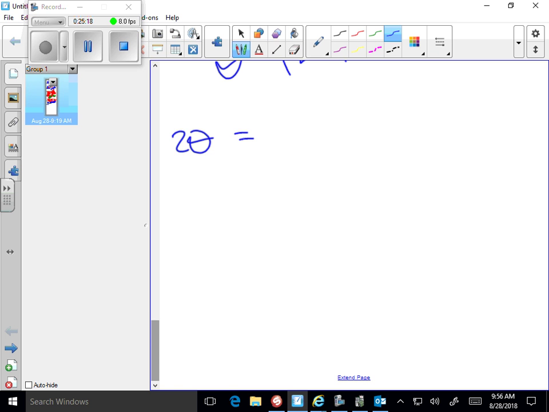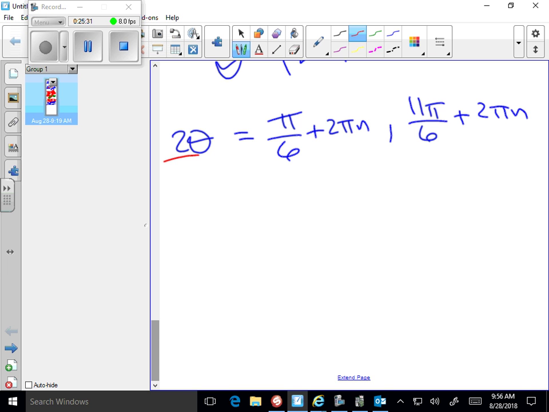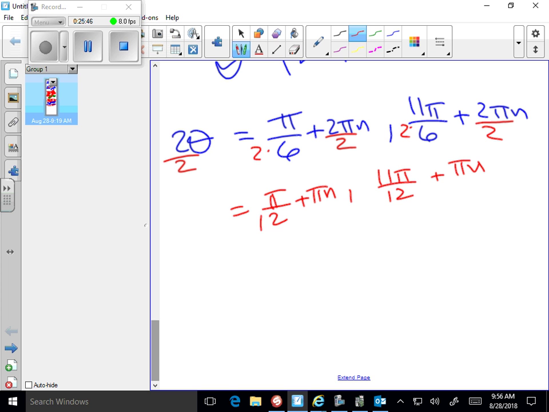I just know that 2 theta is equal to pi over 6 plus 2 pi n and 11 pi over 6 plus 2 pi n. But I don't want to know what 2 theta is equal to. I want to know what theta is equal to. And so I get pi over 12 plus pi n, 11 pi over 12 plus pi n. Any questions on getting those solutions?